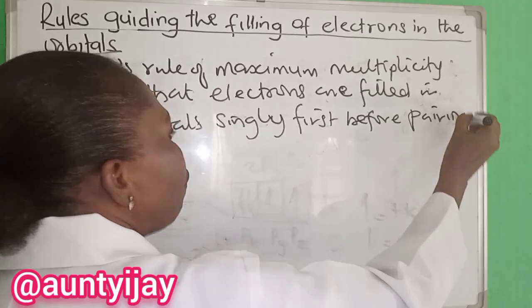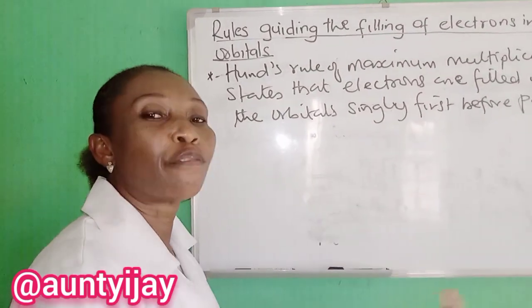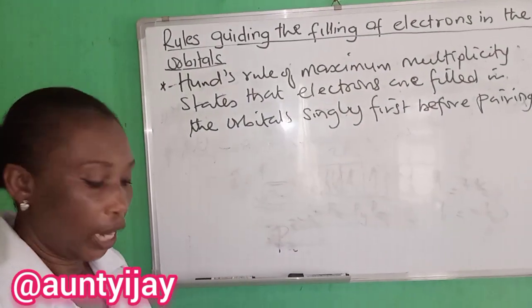In that case, if you are filling electrons in orbitals, you fill them singly first before you begin to pair, if you have extra electrons to fill in that orbital.